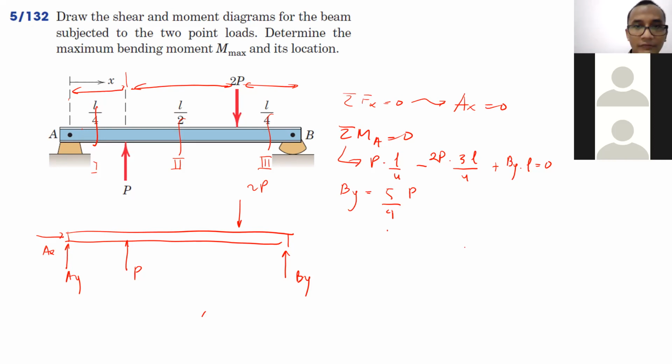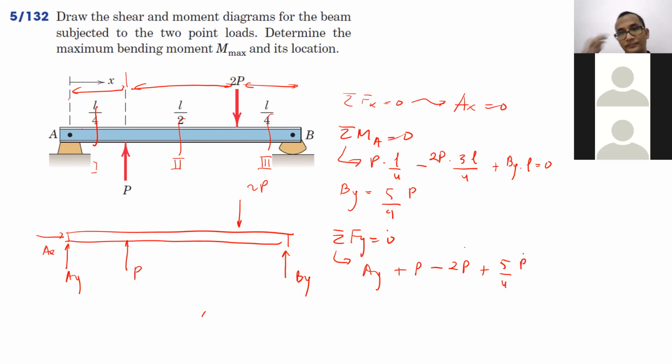Okay. And after that, using sigma Fy equal to 0, we will have AY minus P plus 5P over 4 minus 2P equals 0.